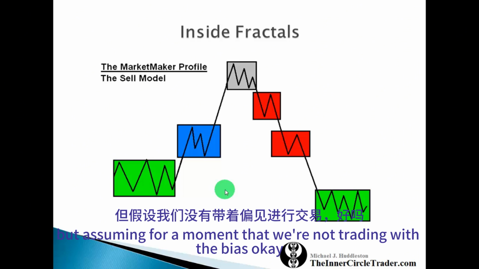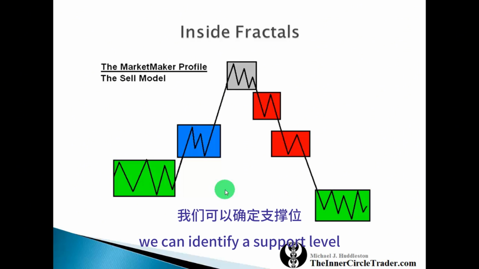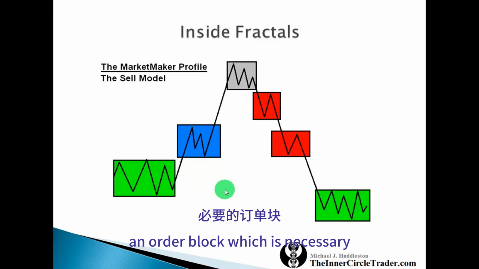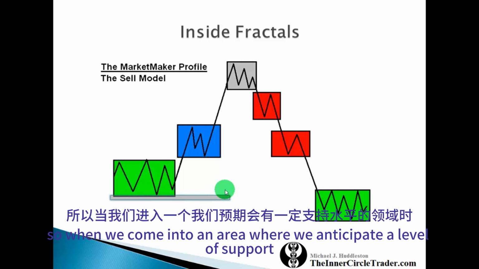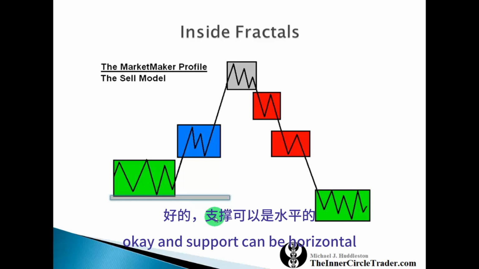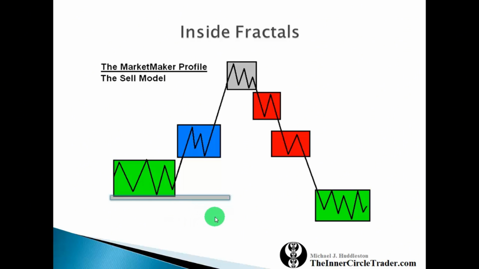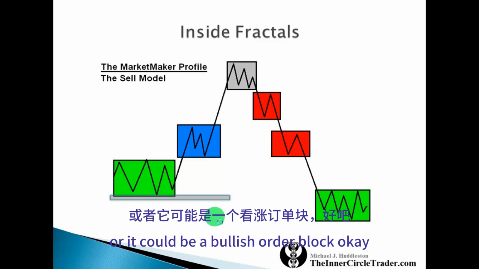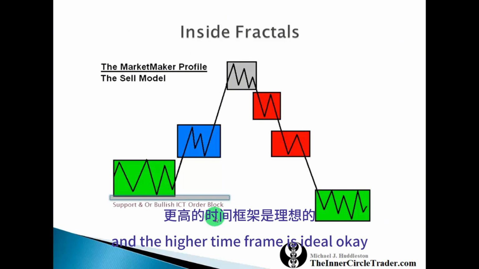But assuming for a moment that we're not trading with a bias, we can identify a support level, or what we understand from previous teachings of mine, an order block. Okay, which is necessary. So when we come into an area where we anticipate a level of support, and support can be horizontal support and resistance based on an old high, an old low, or it could be a bullish order block, and the higher time frame is ideal.